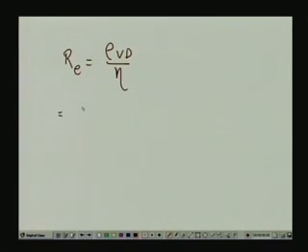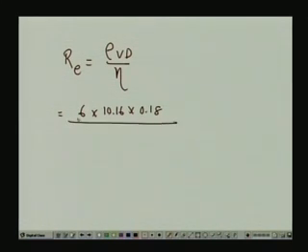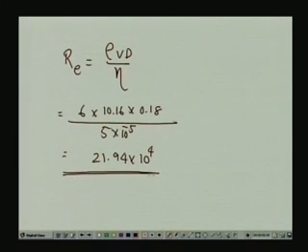So this will become 6 into 10.16 into 0.18 by the already given 5 into 10 to the power minus 5 pascal seconds. So this will give you 21.94 into 10 to the power 4. Obviously you can see this is a turbulent flow. So this is problem number 1.